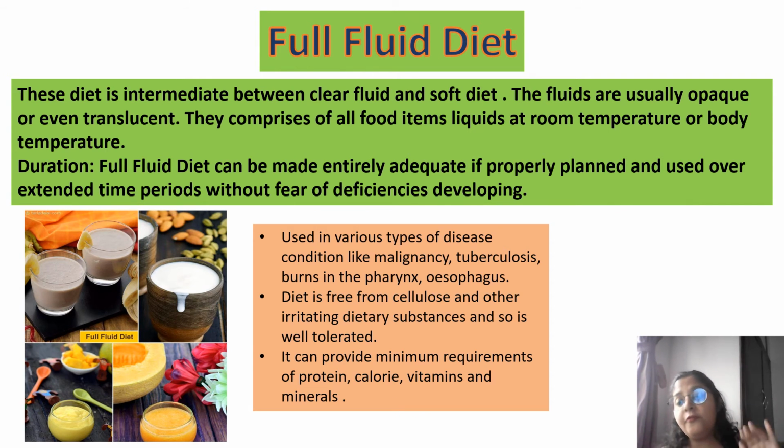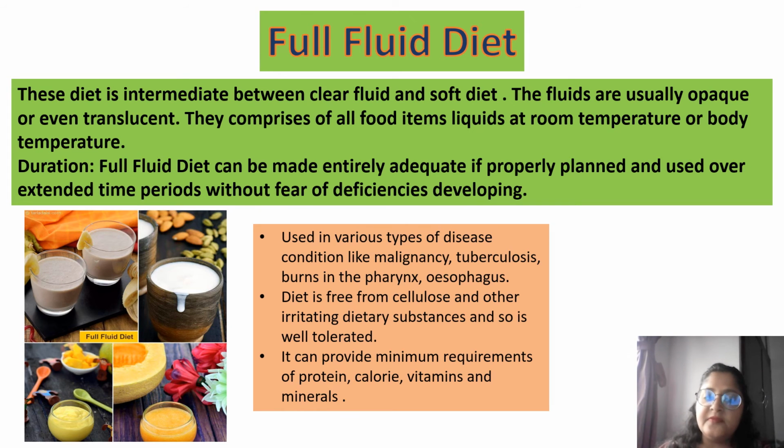But in case of a full fluid diet, we are trying to add the pulp, we are trying to add the nutrients as well. So it comprises full food items which are liquid at room temperature, and it can be planned accordingly, and the nutritional standpoint can be improved.